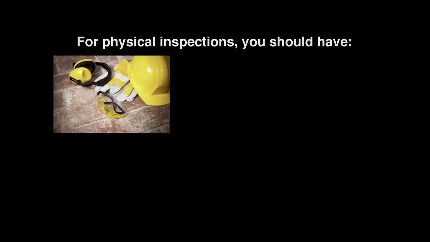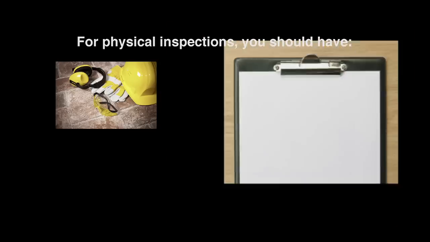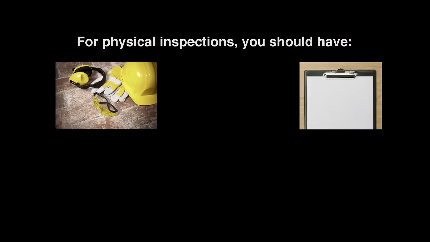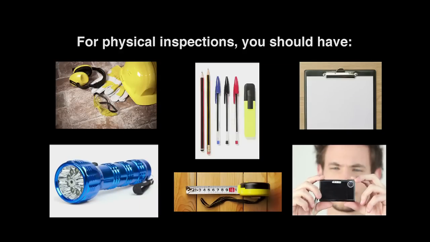A big part of conducting an effective inspection is preparation. For physical inspections, you should have personal protective equipment appropriate to the hazards in the workplace, a clipboard, sketch paper, pens, a flashlight, a tape measure, and a camera.